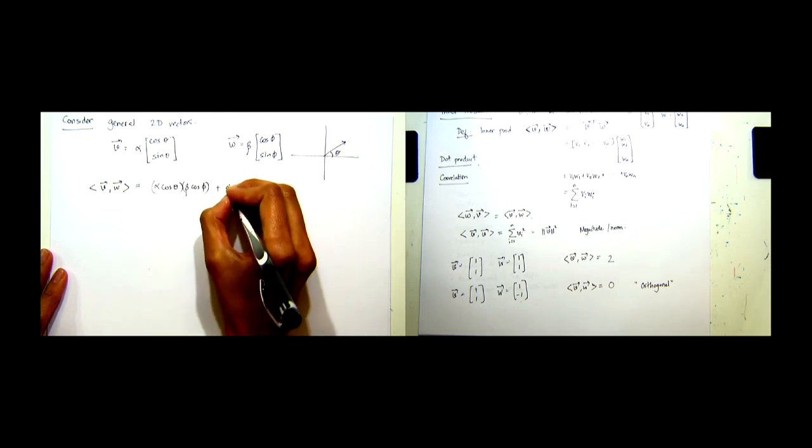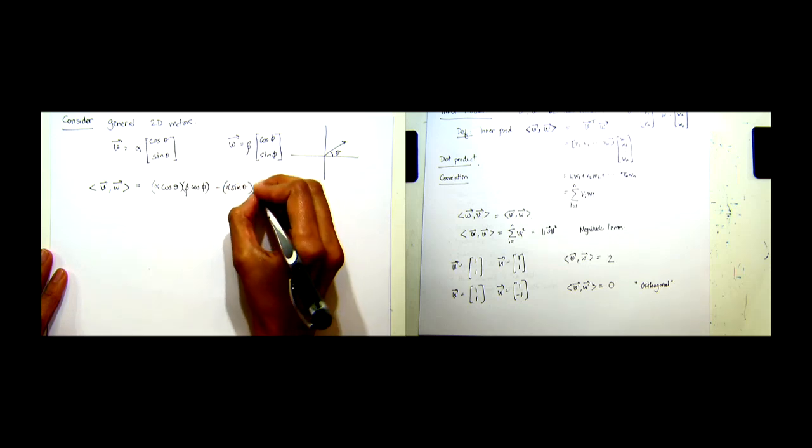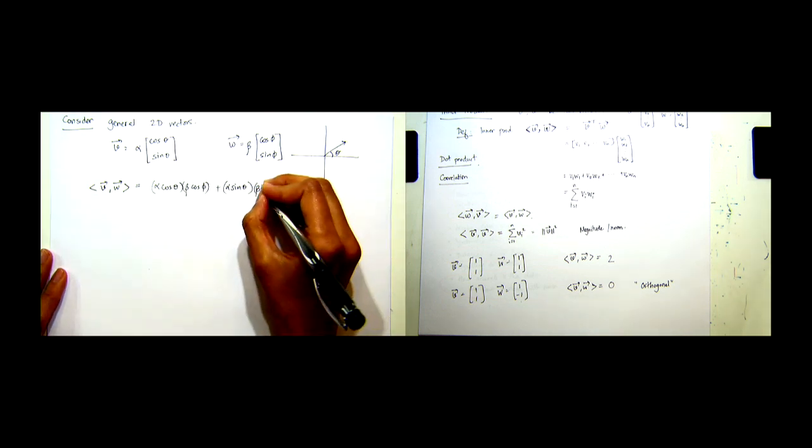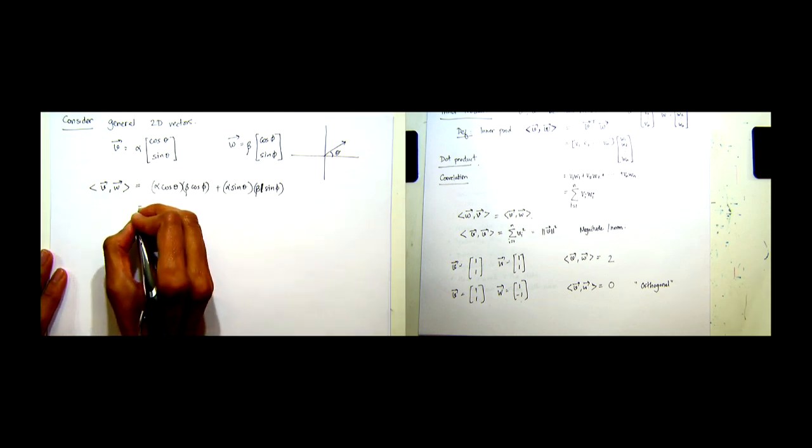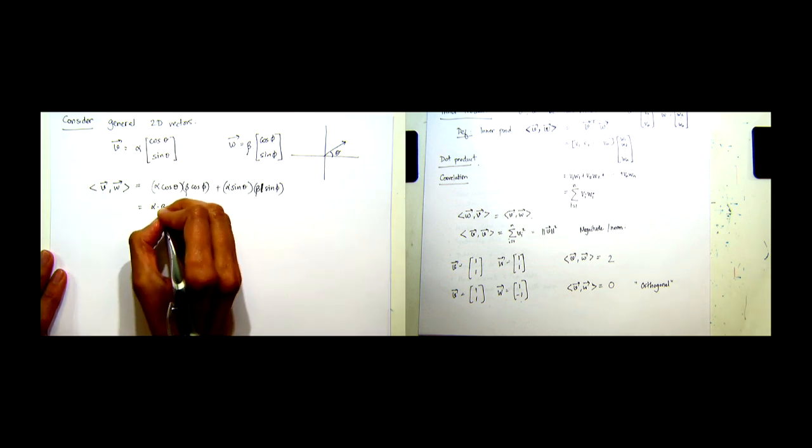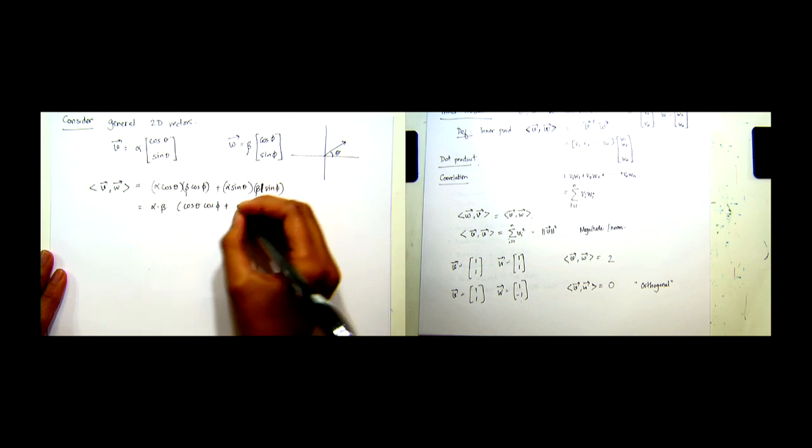So I have alpha cos theta times beta cosine phi plus alpha sine theta times beta sine phi, right? So what can I pull out? Alpha beta, and I have cosine theta cosine phi plus sine theta sine phi.